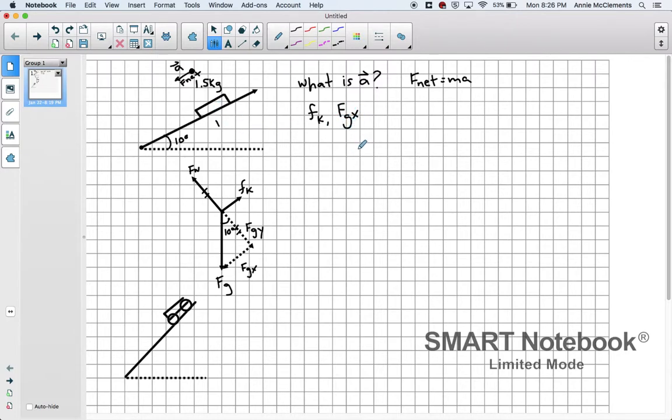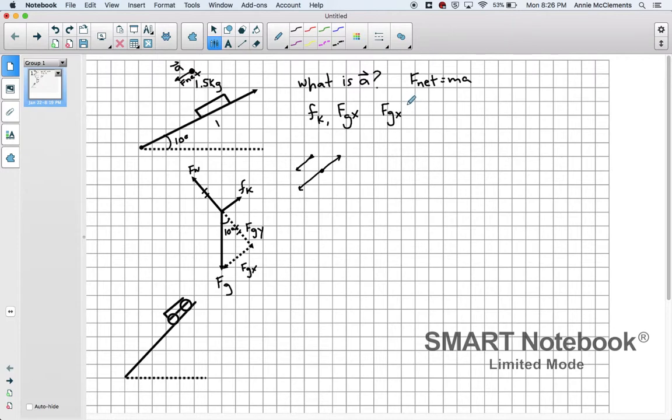If we imagine that they're both connected to the computer and pulling on it, and the computer is moving down the slope, it stands to reason that FGX is pulling harder on the computer than the friction force, if we imagine them in tug of war.